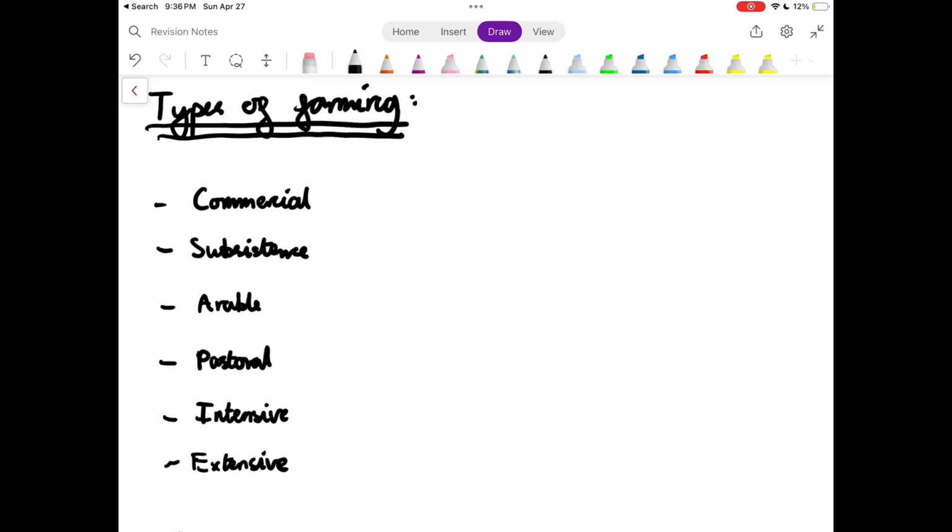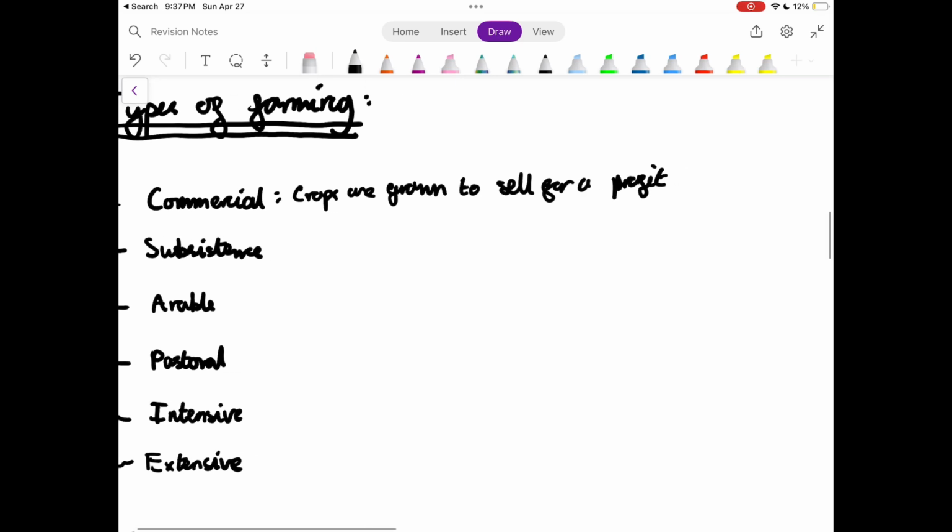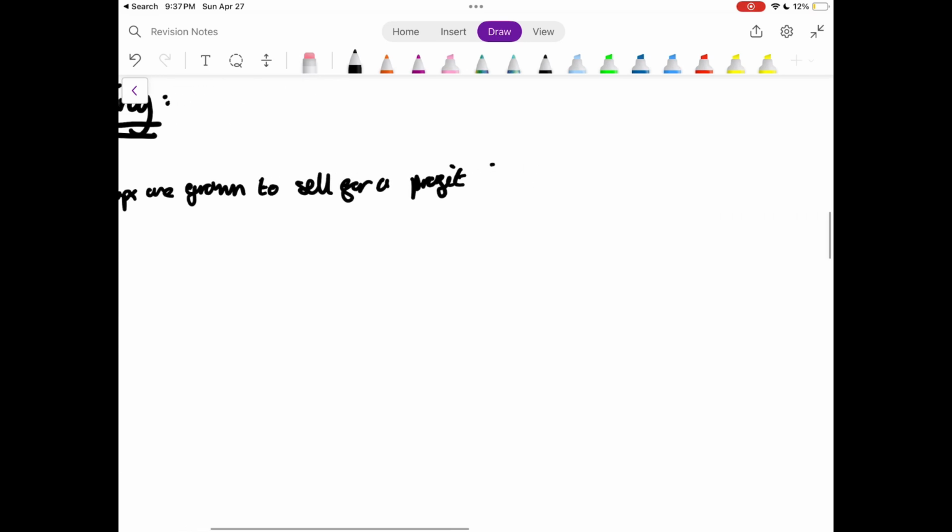So commercial is when crops are grown to sell for a profit, and crops that are usually grown for this purpose are usually referred to as cash crops.